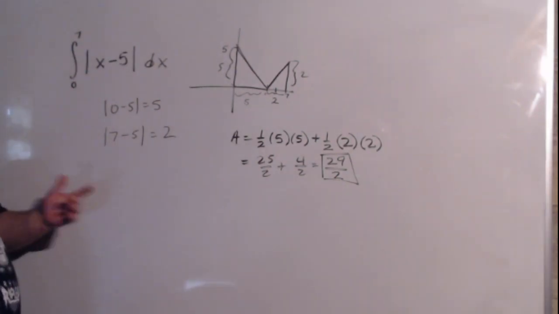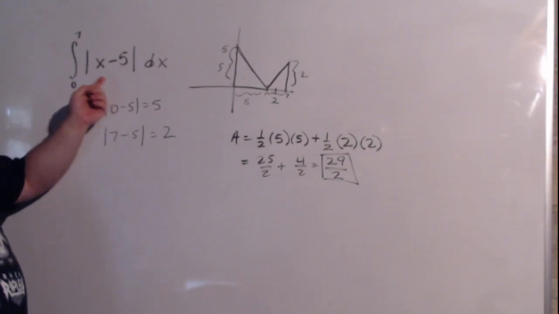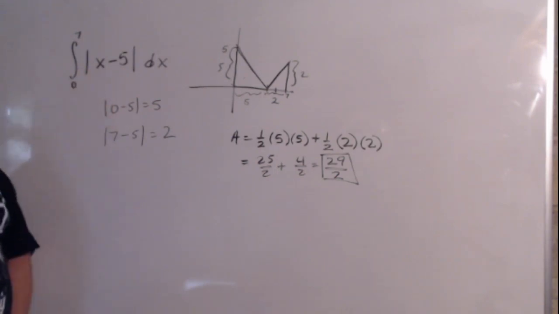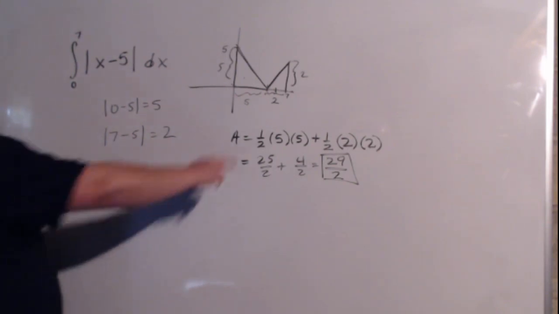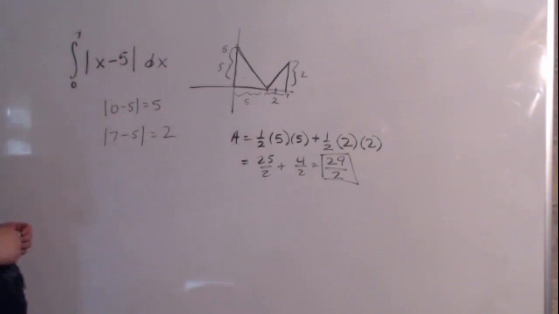And as of right now, we haven't discussed how to integrate the absolute value. So you currently do not have an idea of how to do that. So the graphing was actually good for that case.